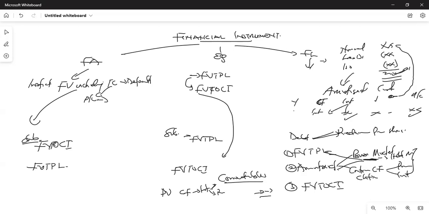All right. Okay. But if you are going to convert it, then technically the liability will not exist because they are coming in the form of equity. All right.